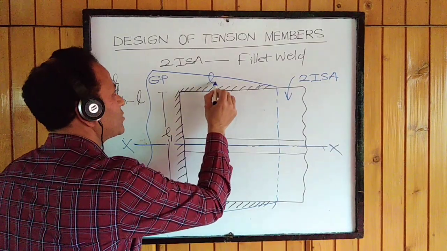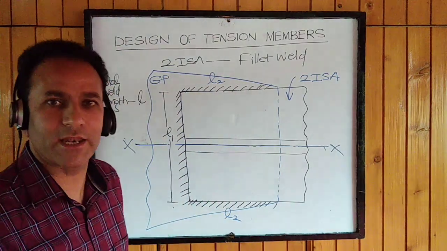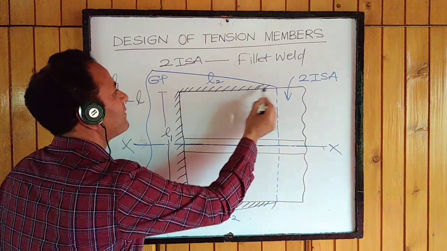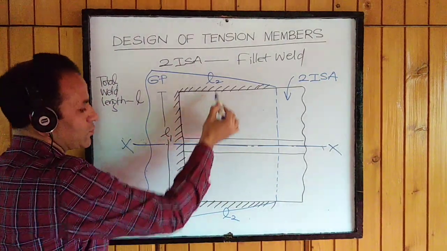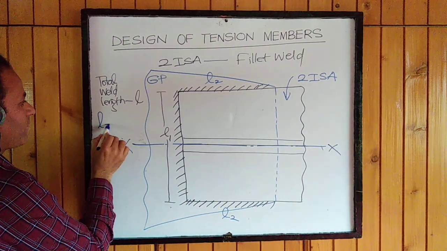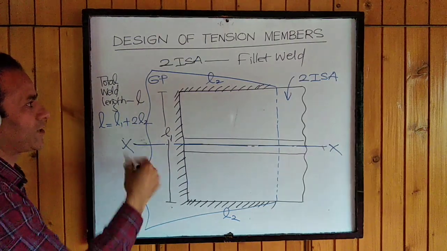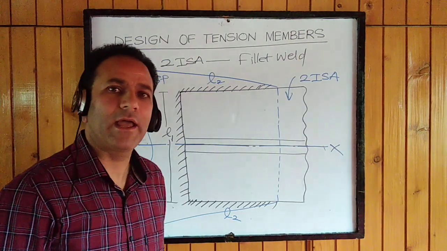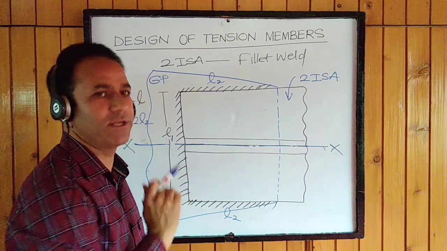Hence this must be L2 once again. These weld lengths have to be the same, such that the total length of the weld shall be equal to L1 plus 2 times L2, so that symmetry is maintained and the required length is provided.